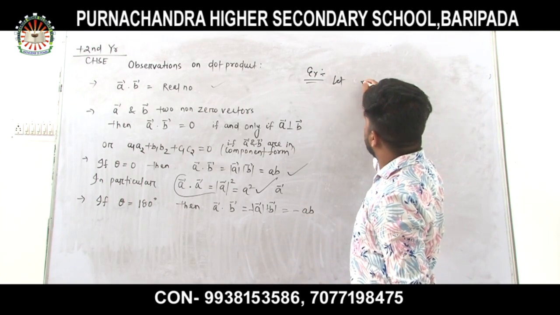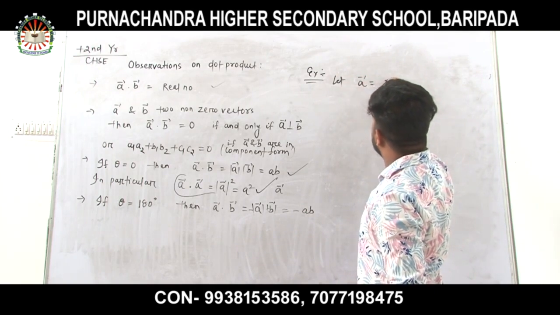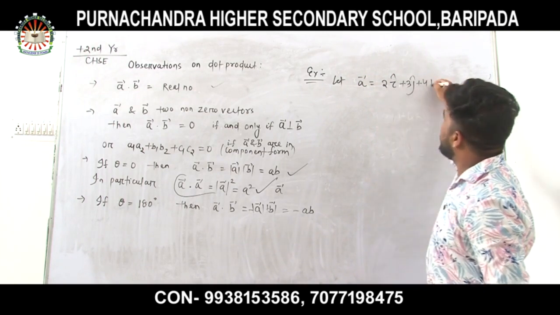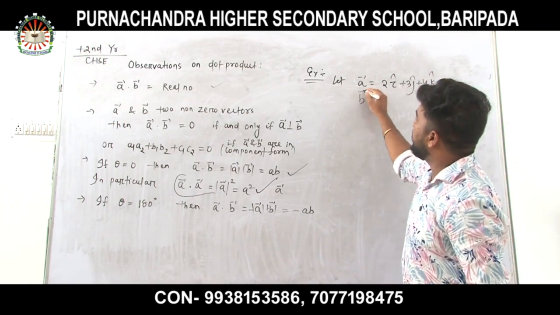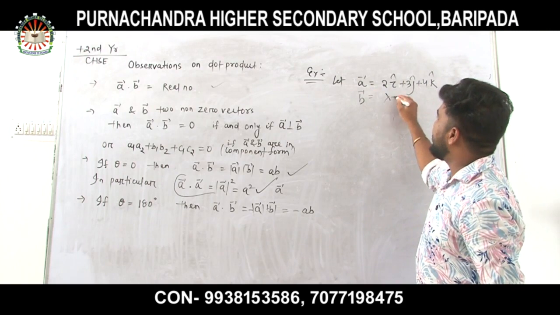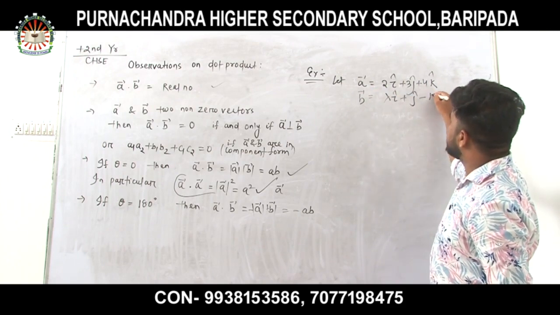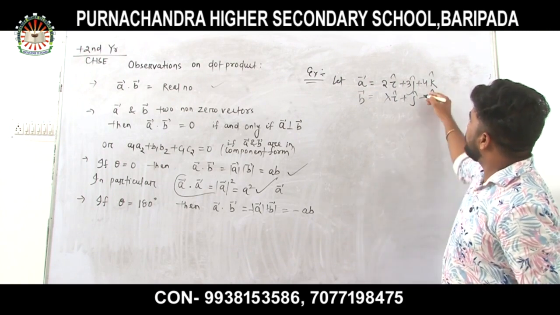Let vector A be 2i plus 3j plus 4k and vector B be lambda i plus j plus k.